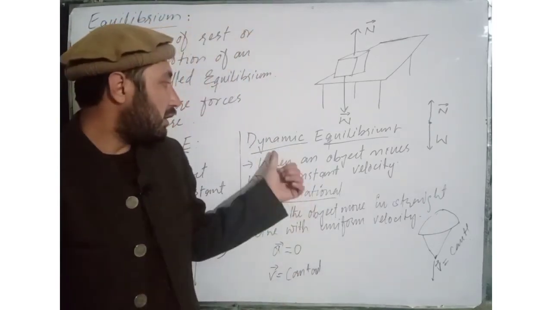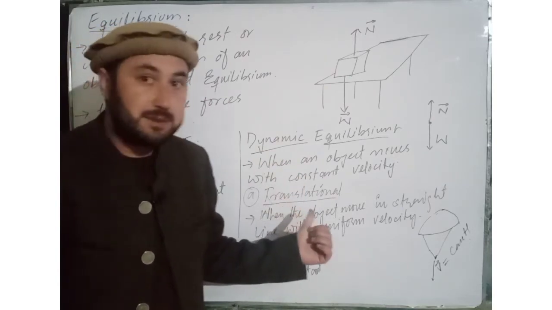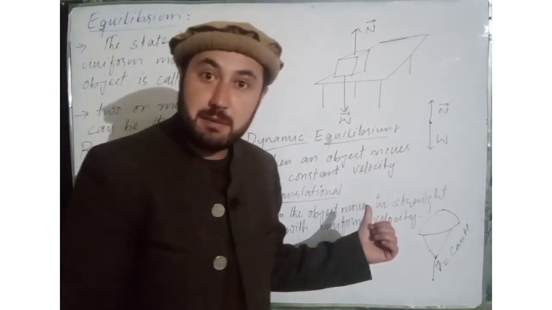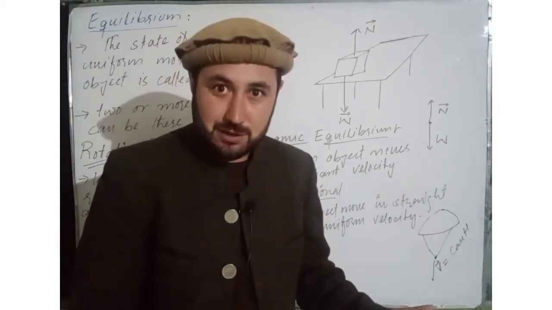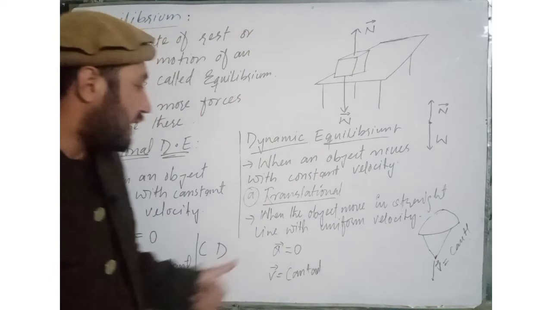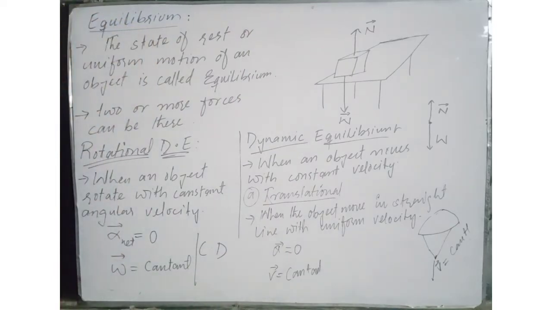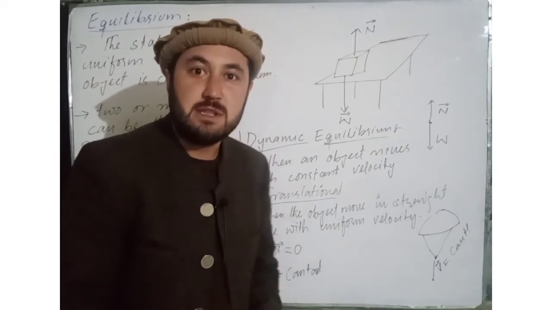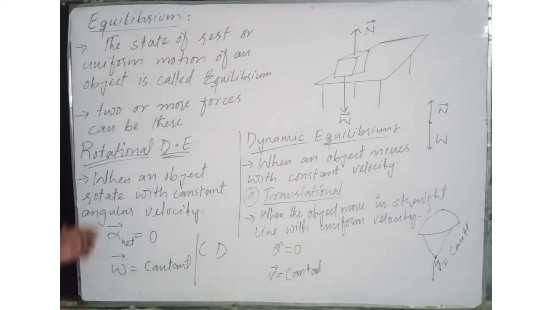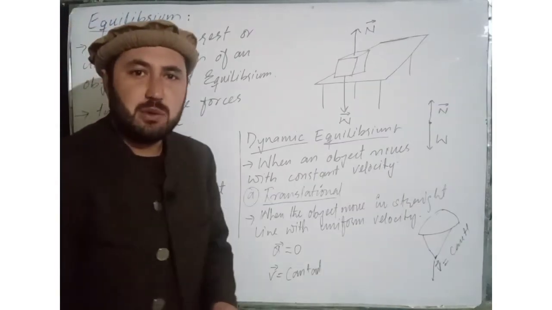Dynamic equilibrium further has two types. Translational dynamic equilibrium, when the object is moving with uniform linear velocity. On the other hand, if the object is moving with uniform angular velocity, the equilibrium is what we call rotational dynamic equilibrium.